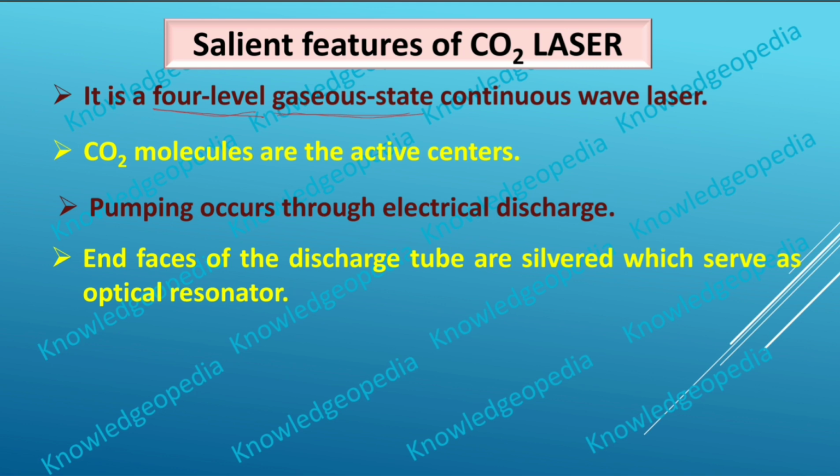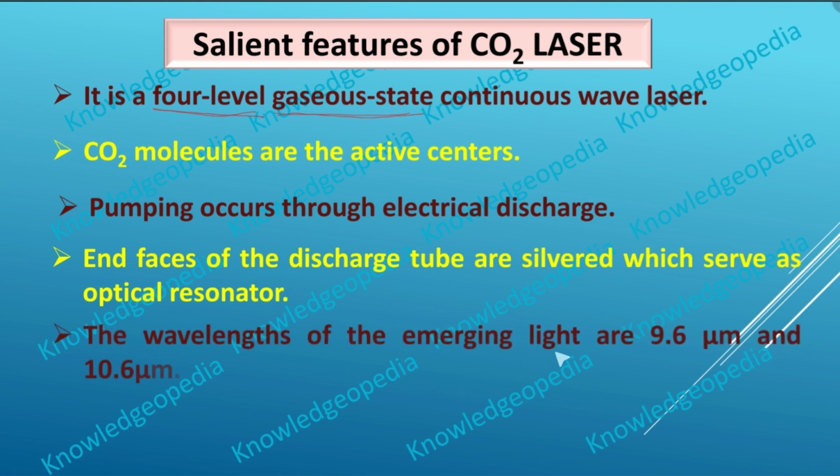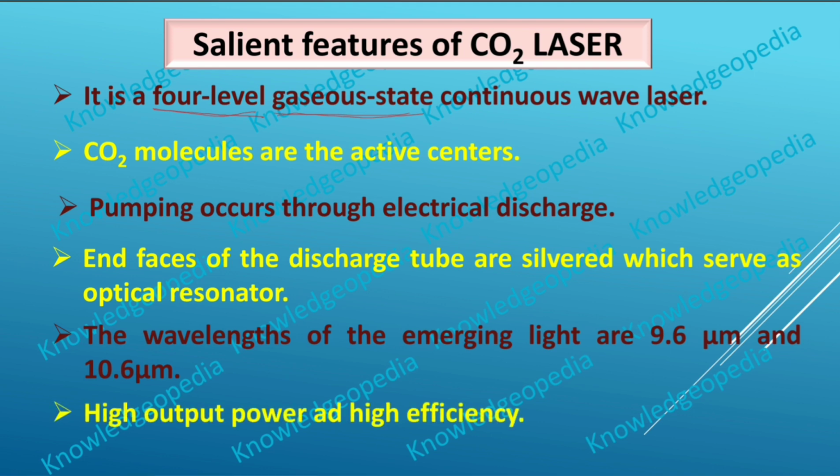So these two silvered mirrors act like an optical resonator. Further, we have seen that the wavelengths of the emerging light are 9.6 micrometer and 10.6 micrometer. In the carbon dioxide laser, we are getting high output power and the efficiency is also high. So these are some of the salient features of the carbon dioxide laser.